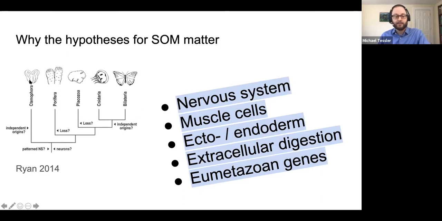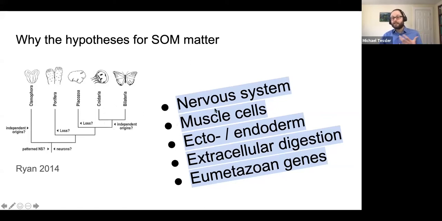If ctenophores are the sister to other Metazoa, this has major implications for the development of a lot of features. So was there an independent origin of the nervous system? Or were there two losses of the nervous system, one for sponges, one for Placozoa, and then again for the lineage that includes Cnidaria and Bilateria?